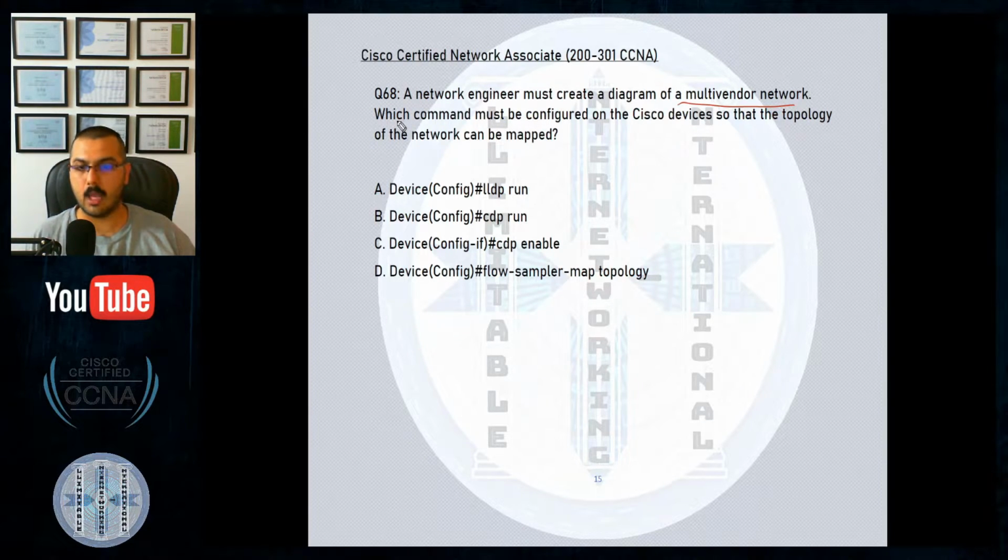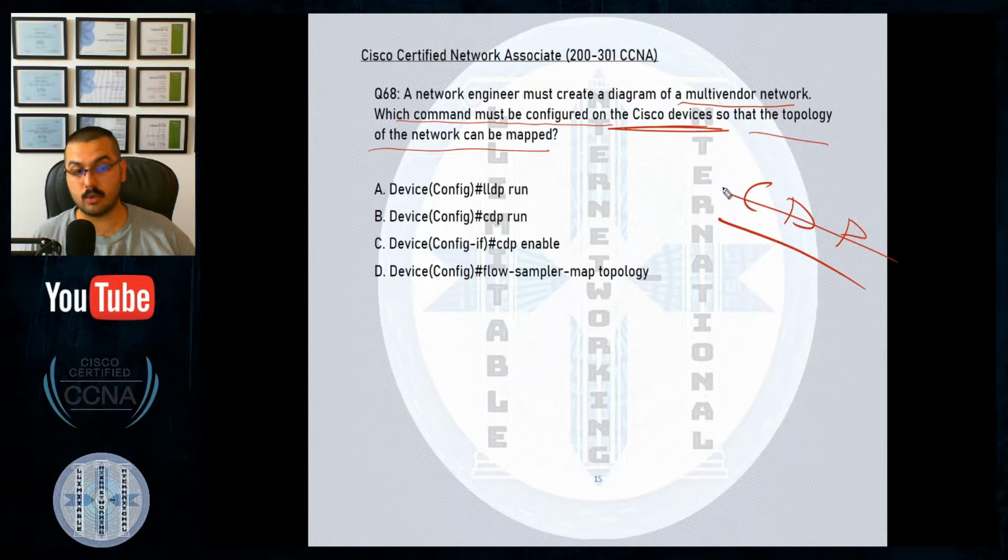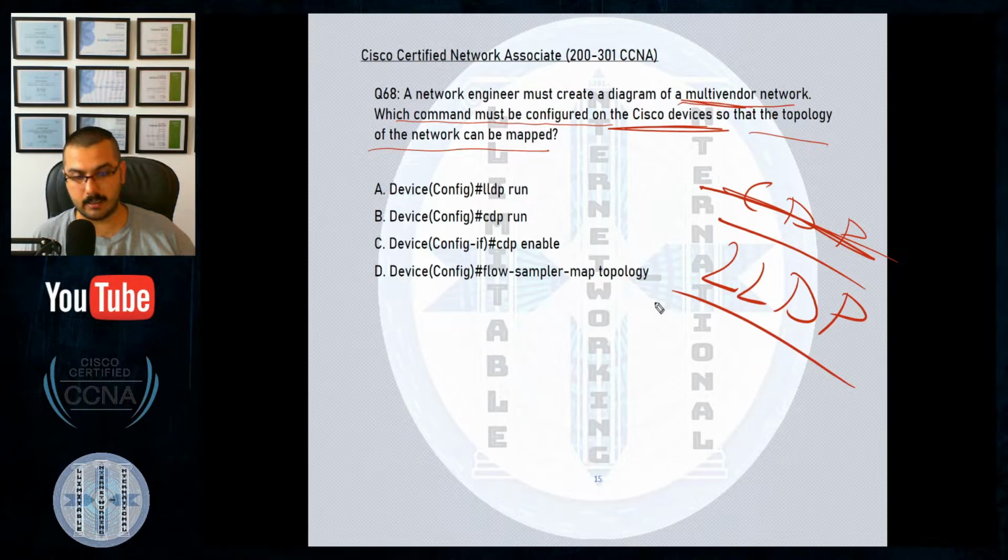Which command must be configured on a Cisco device so that the topology of the network can be mapped? Which protocol maps the network or discovers your neighbors? The CDP, correct? But CDP works on Cisco devices only. And if you have a multi-vendor network, then you will need the other open standard protocol, LLDP.